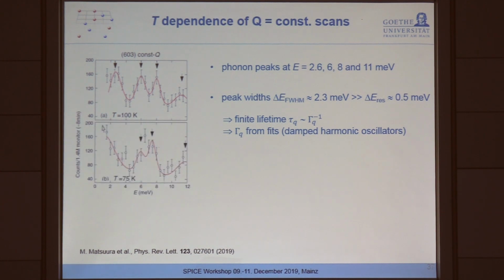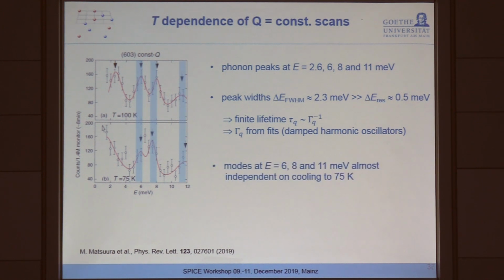Now when you do the same experiment at 75 Kelvin, you recognize that these three peaks stay at the same energy, whereas the lowest lying peak appears to be shifted towards lower energies.